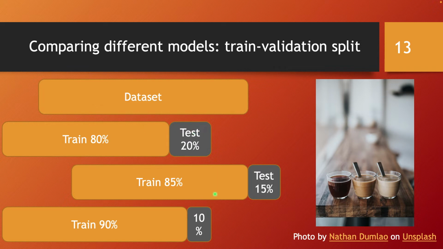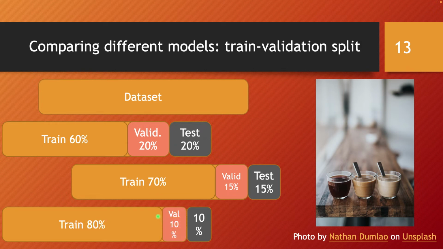And for these, popular choices, again, these are not fixed rules, but very often you will have a split into 60-20-20, you will have a split into 70-15-15%, and you will also have a split between train, validation, and test of 80-10-10.